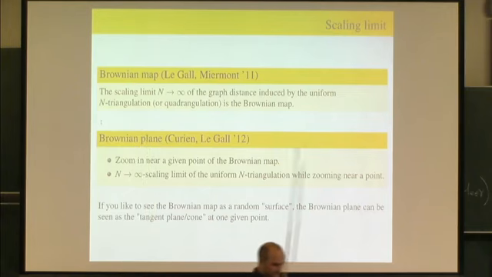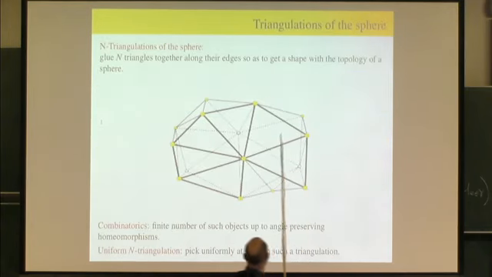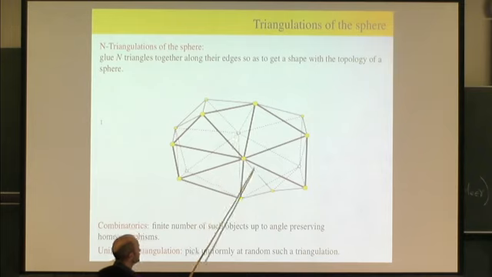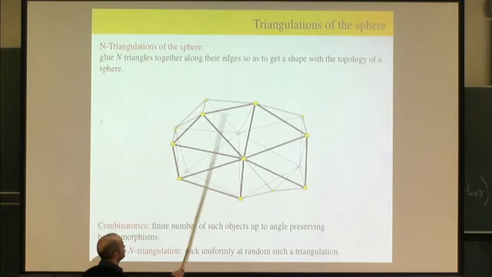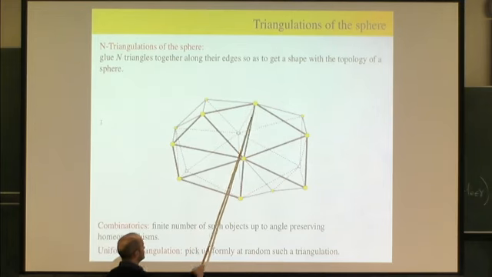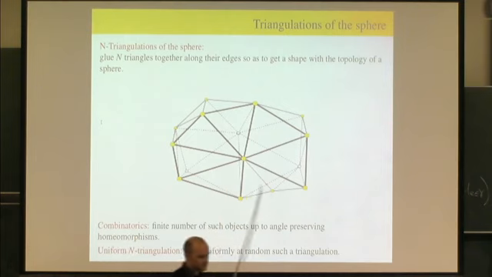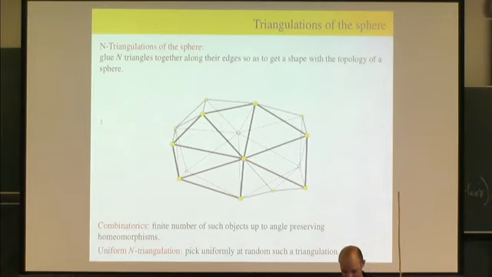When you have your triangulation, you can consider the graph distance on your triangulation. The graph distance is standard. Between these two points, you are at distance 1, and this one here you are at distance 2, and so on.